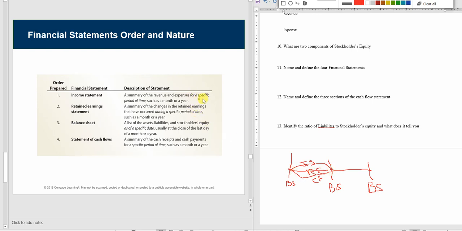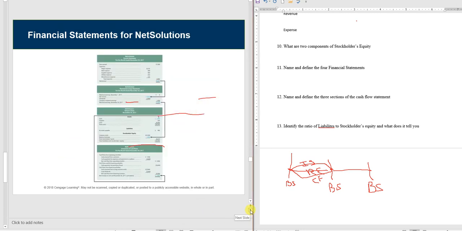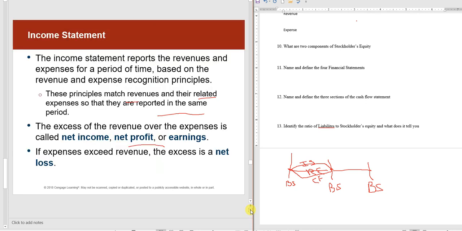So notice each covers a specific period of time, whereas the balance sheet is a specific date. We'll see how those fit together.